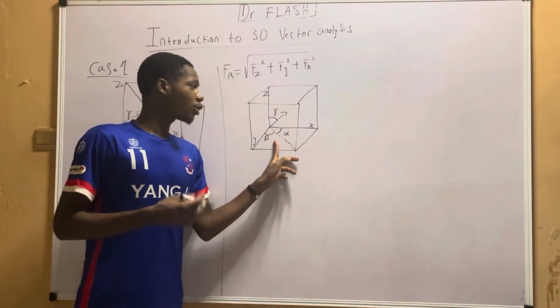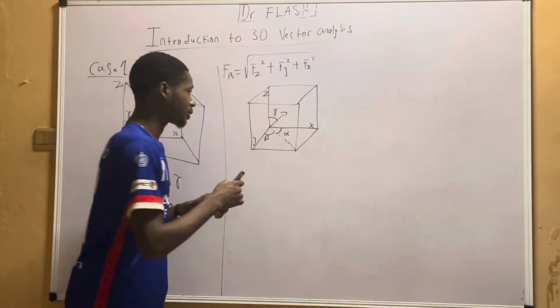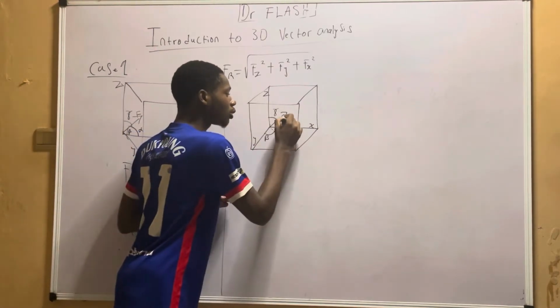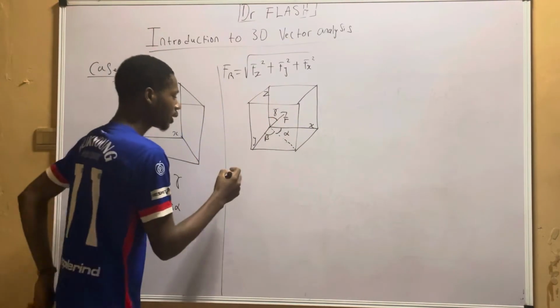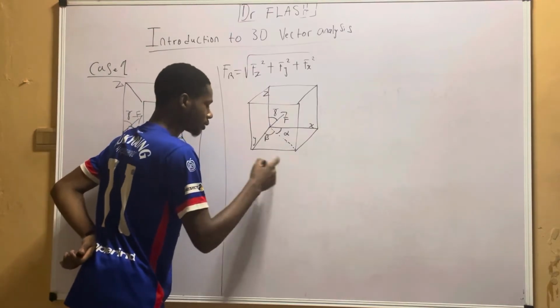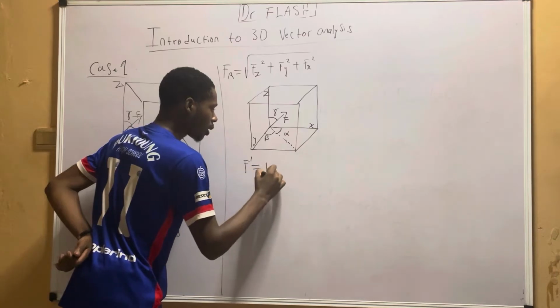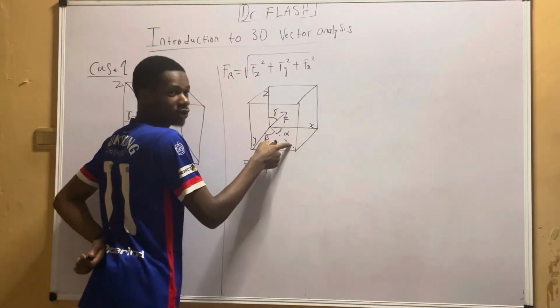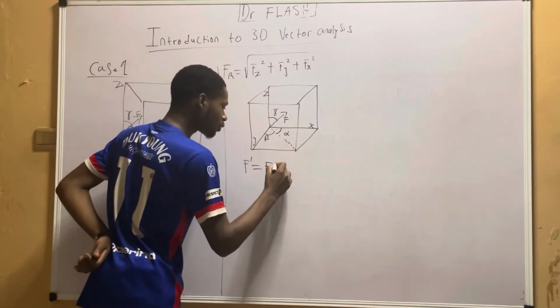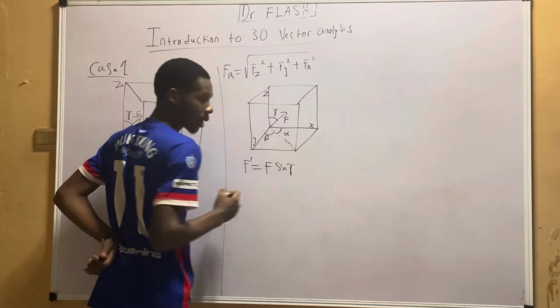When we do that, I'm going to call it F prime first. So if the vector is a force F, resolving to the components, we're going to get F prime equal to F sine of gamma.